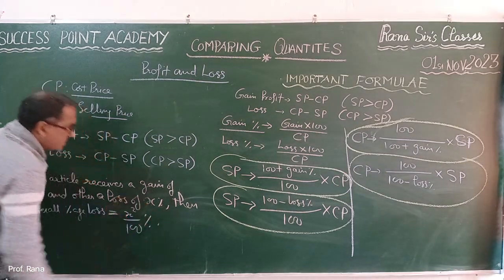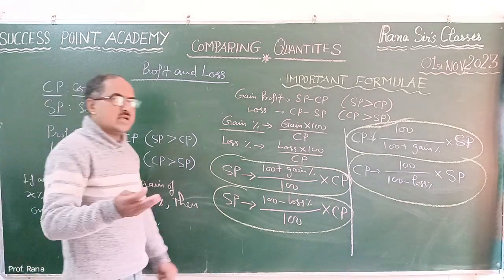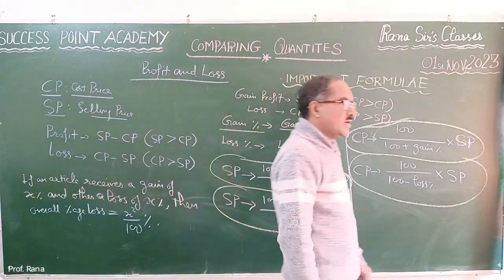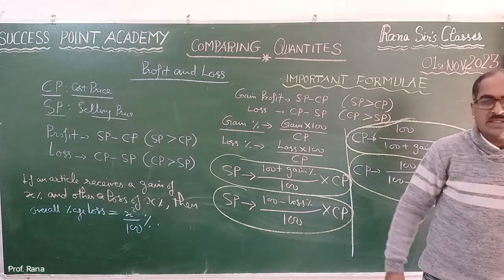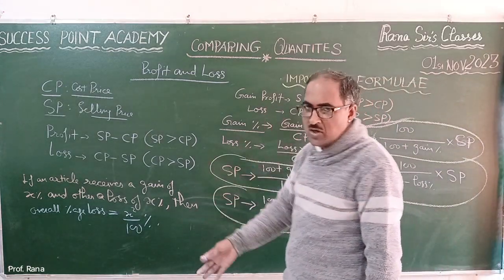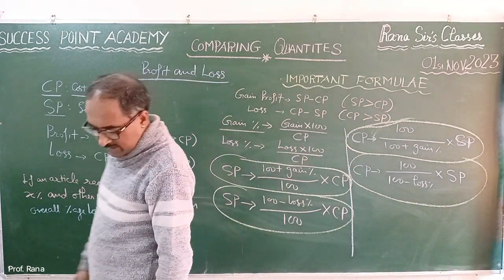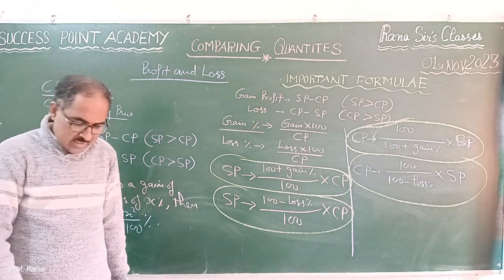This is very important. If there is a gain of 20% and a loss of 20% in an item, then ultimately it is a loss. Remember this. Ultimately it is a loss.